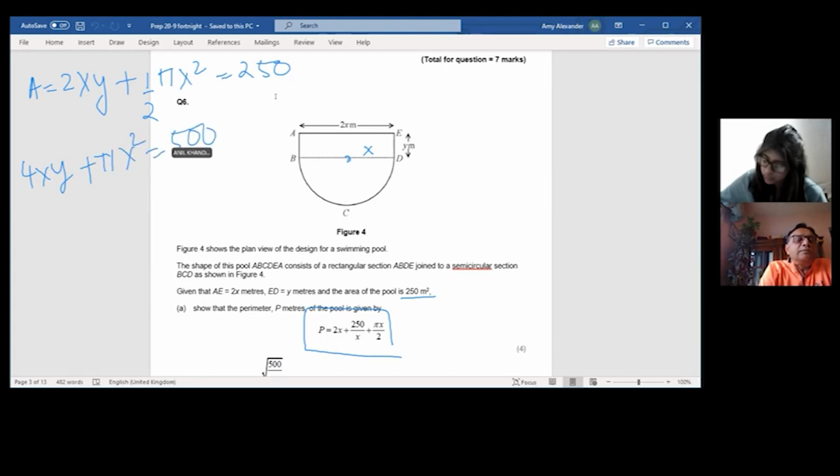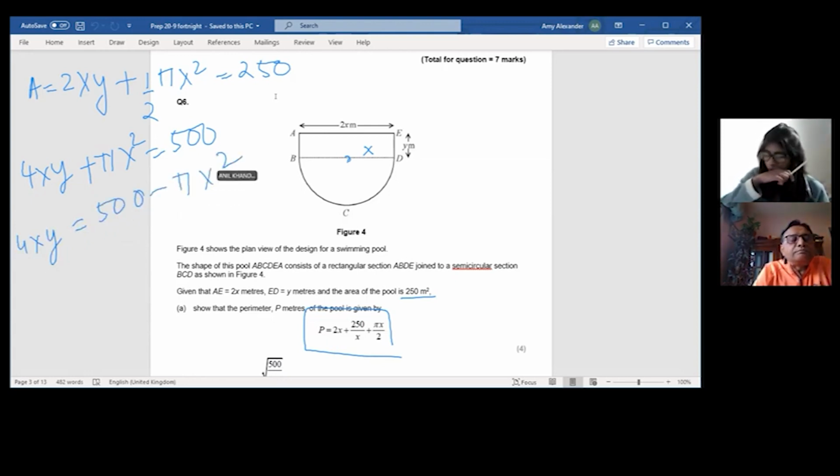So we have pi x squared. So y will be equal to 500 minus pi x squared, over 4x.